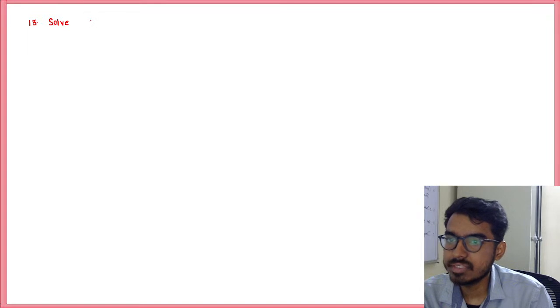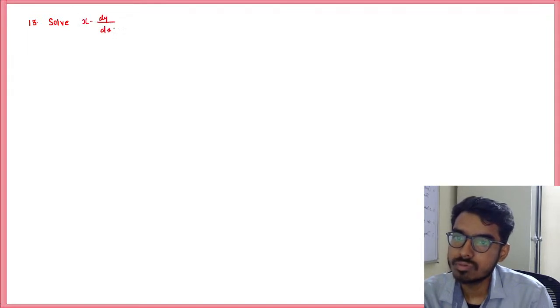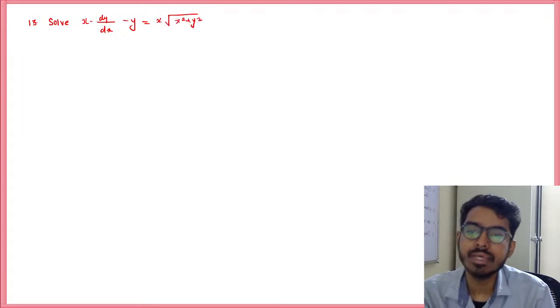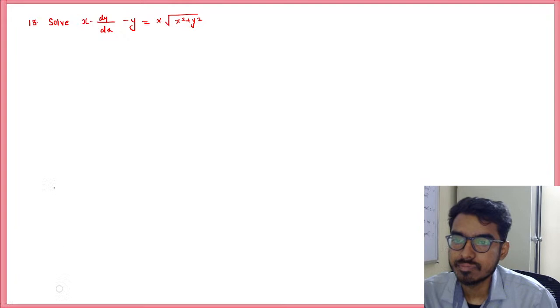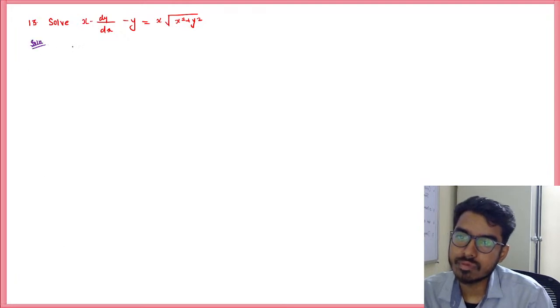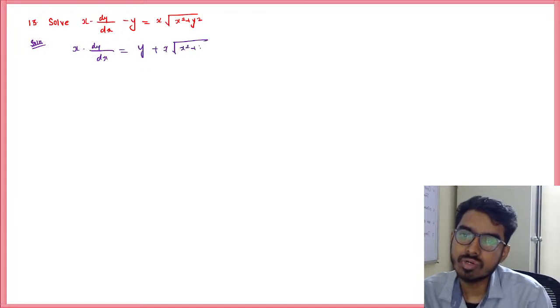So solve x into dy by dx minus y equal to x into root of x square plus y square, right? Yeah, x into dy by dx is equal to y plus x into root of x square plus y square. So we have dy by dx is equal to y plus x into root of x square plus y square divided by x, right?